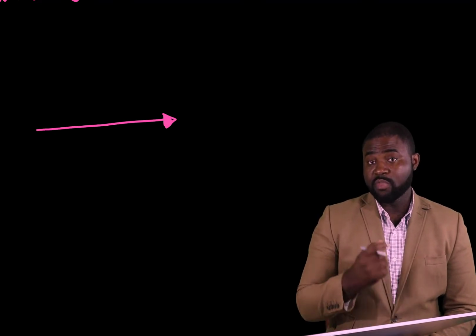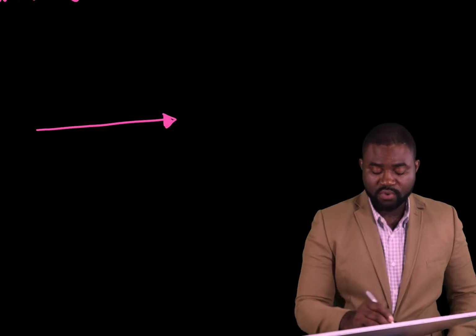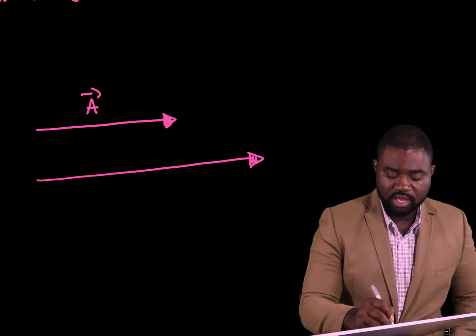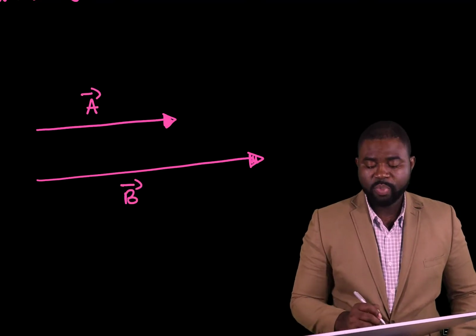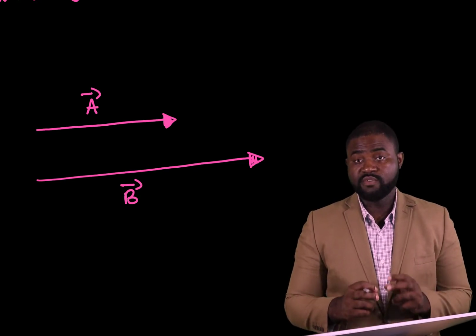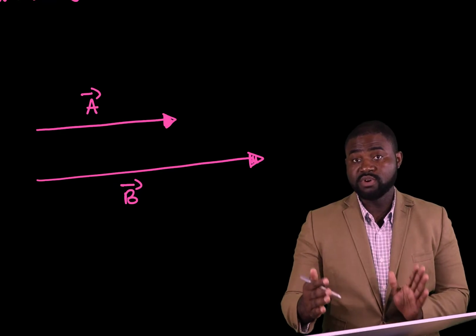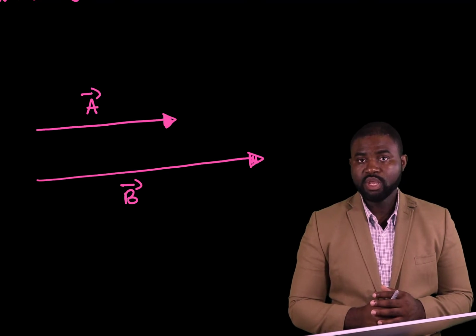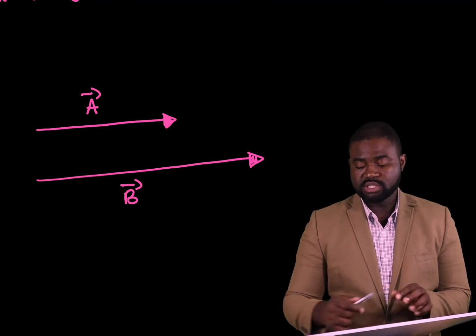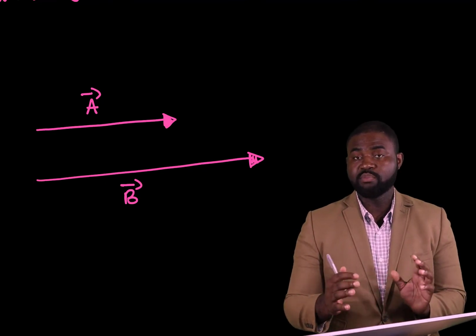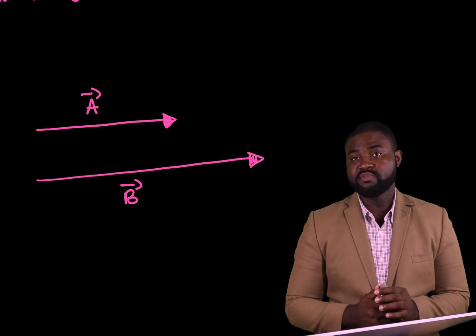Now I use the word proportional intentionally. And by that I mean that if the arrow is long, let's say we have here vector A and this is vector B. Obviously, the direction of vector A is equal to the direction of vector B, but vector B has a greater size or greater magnitude compared to vector A. And also that means that the sizes here may not be actually true, but they may just represent an approximate estimation of the size of the vectors.